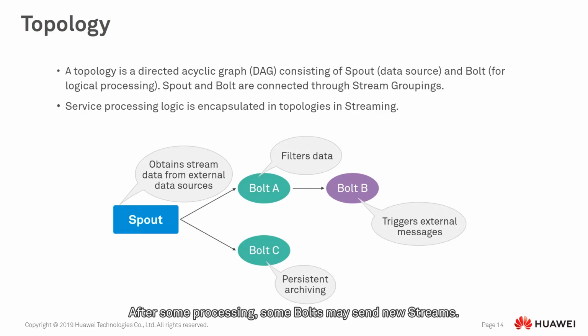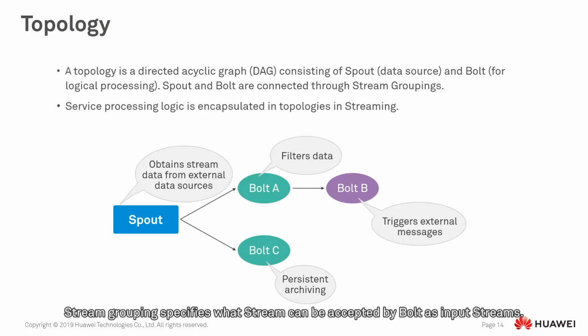After some processing, some bolts may send new streams. Complex stream conversion operations, such as generating hot topics from Weibo messages, may involve multiple steps and thus require multiple bolts. Bolts can run functions, filter tuples, aggregate and merge data, and access databases.